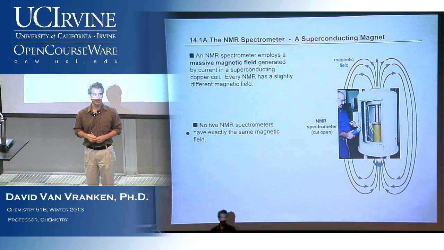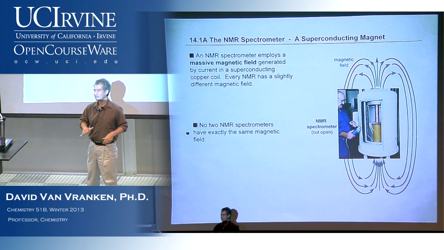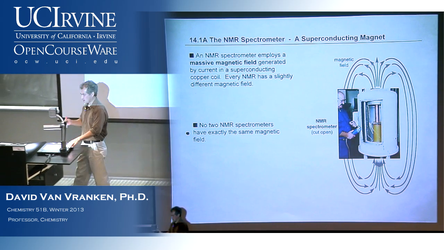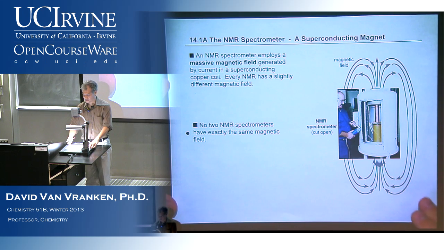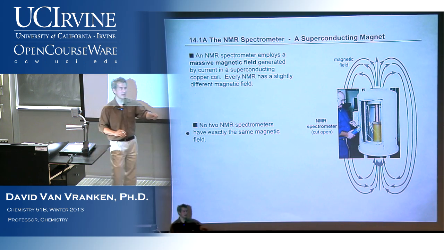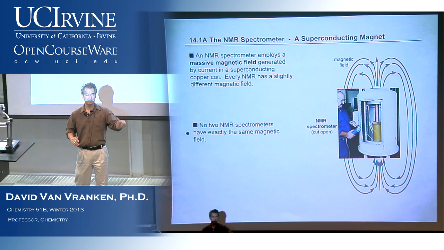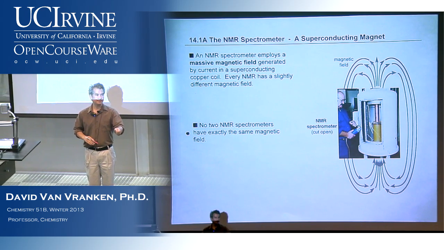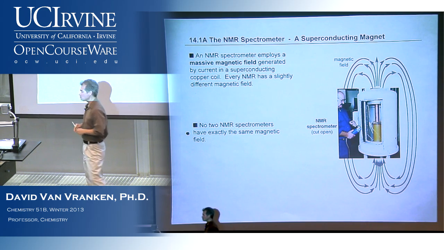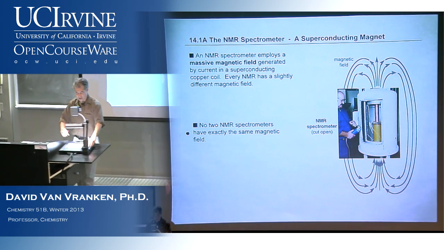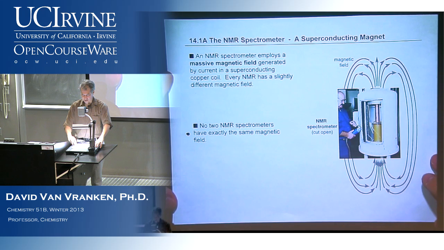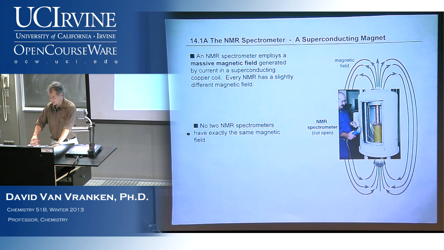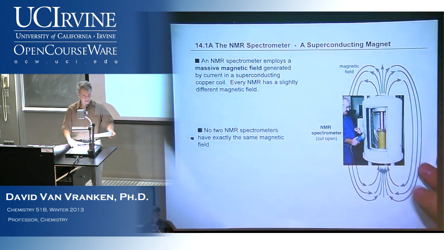That's the point. When they first boot it up, they realize, oh, now we can finally measure the magnetic field of this custom-built superconducting magnet that we have created. And no two NMR spectrometers have exactly the same magnetic field. And that's a problem. No two big $200,000 magnets, even if the manufacturers feel like they made them exactly the same way, will have exactly the same magnetic field.